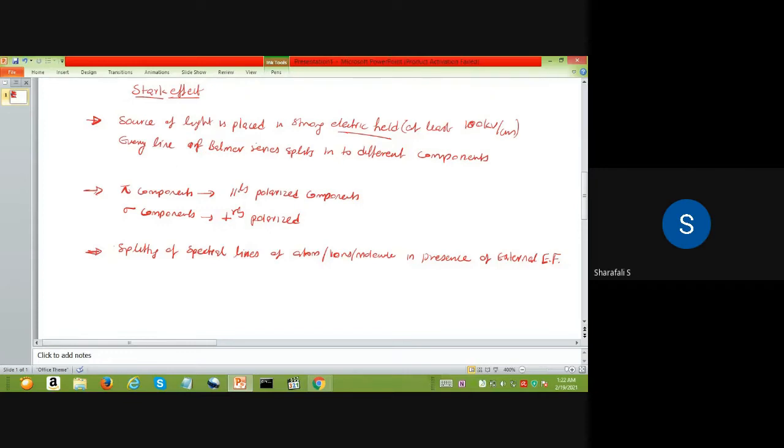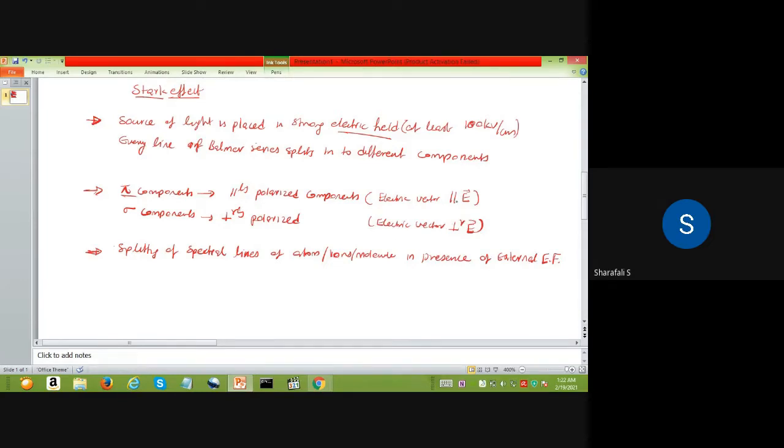So we already discussed about these components. So these 5 components which are parallelly polarized, which means that this electric vector is parallel to the applied electric field in this particular case. Similarly, here the electric vector is perpendicular to the applied electric field.